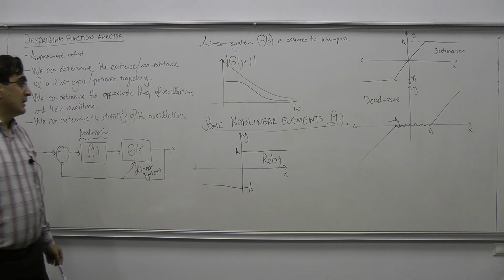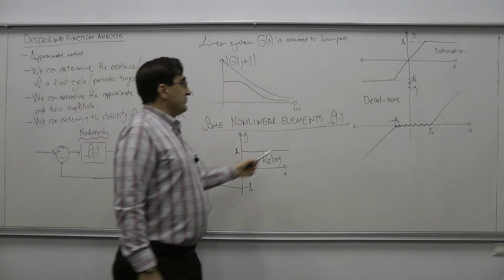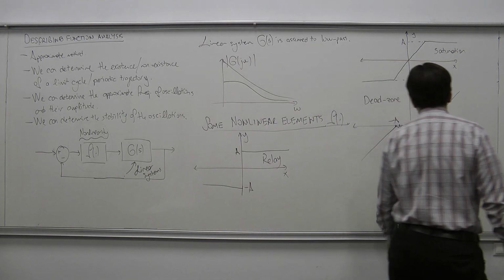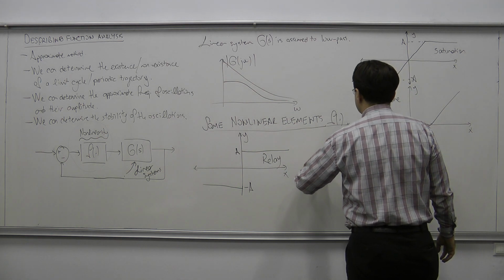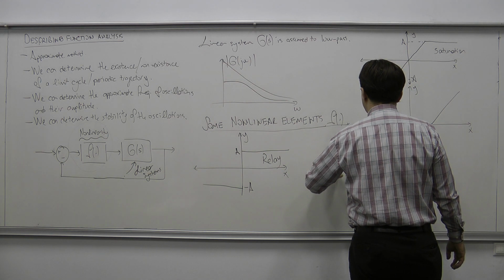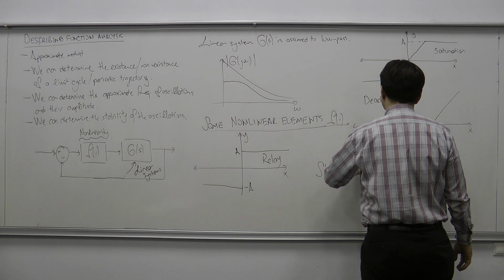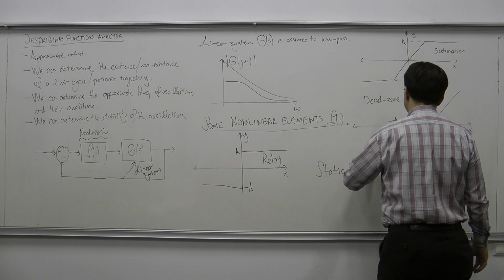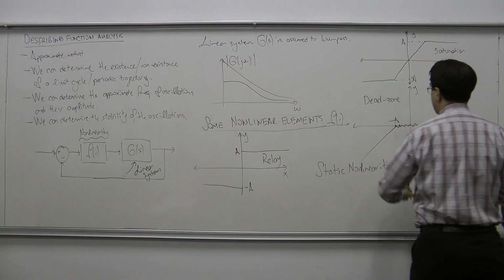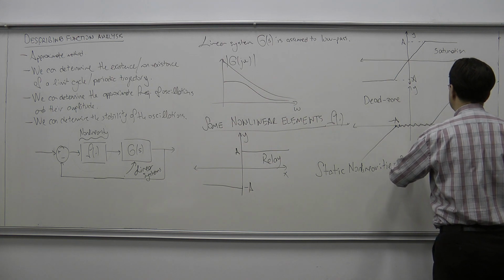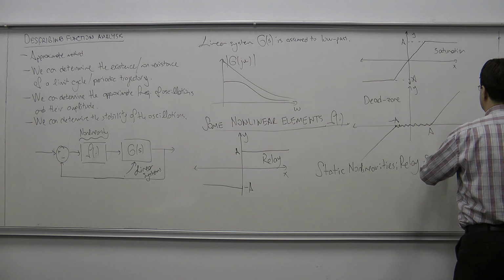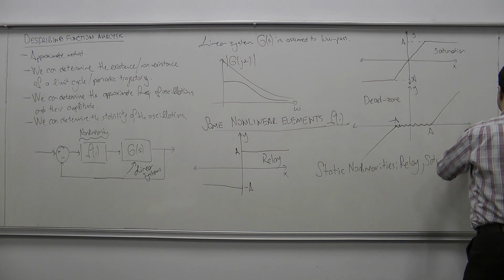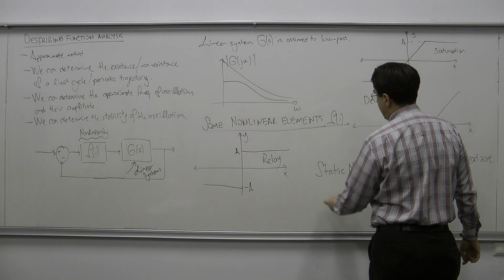Okay? So all of these three types of nonlinear elements are called static nonlinearities. So these were static nonlinearities. So relay, saturation, dead zone, these are examples of static nonlinearities. What do we mean by static?